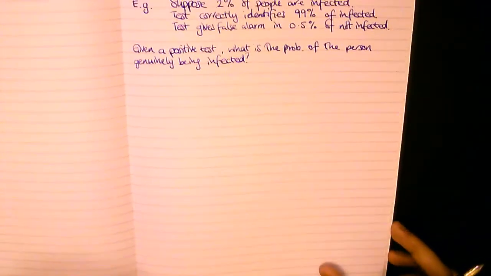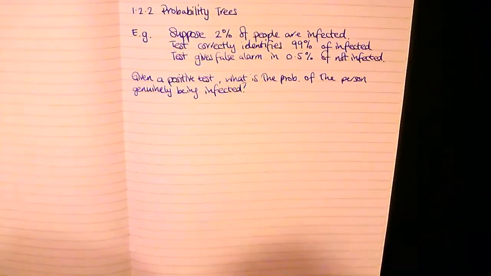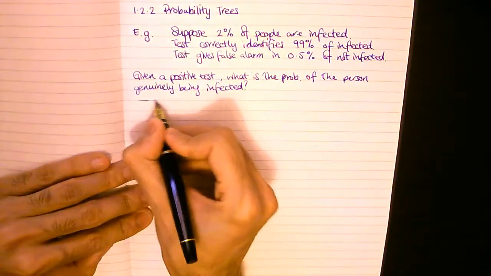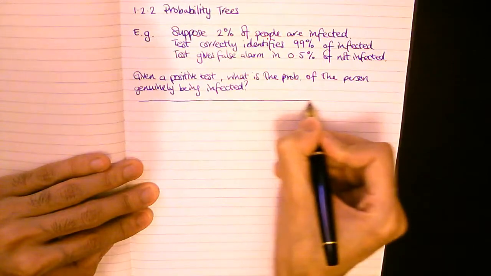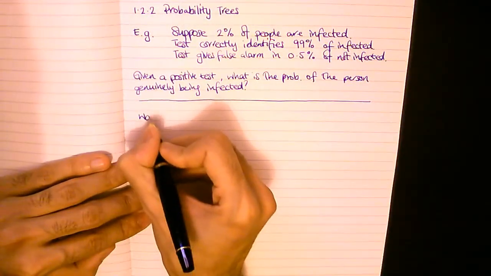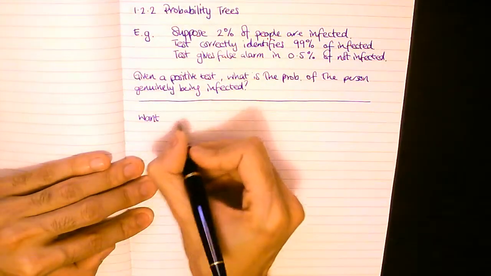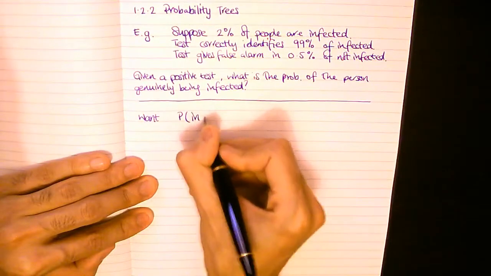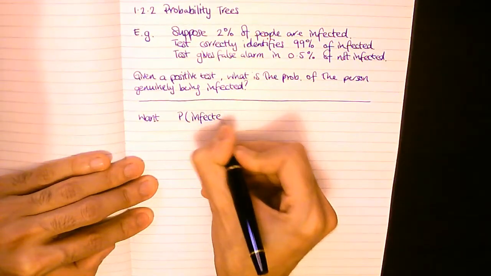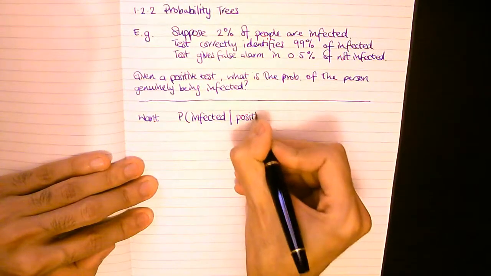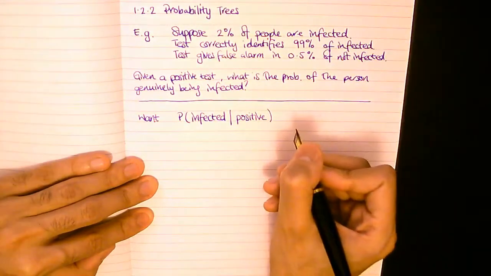Okay, my handwriting is awful. I'm going to try and neaten it up a little bit. So now we're going to start our answer. What we want is the probability of being infected given a positive test.